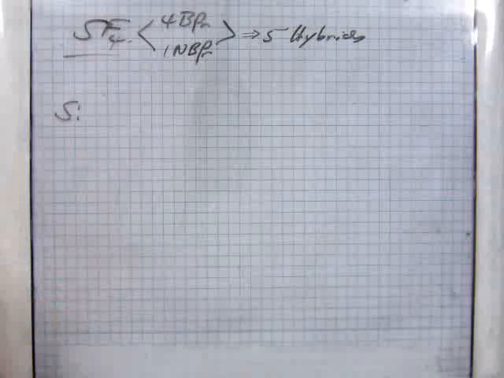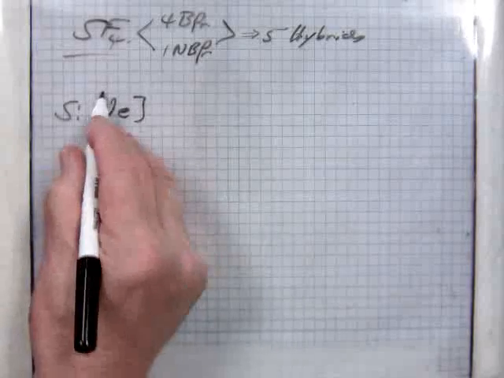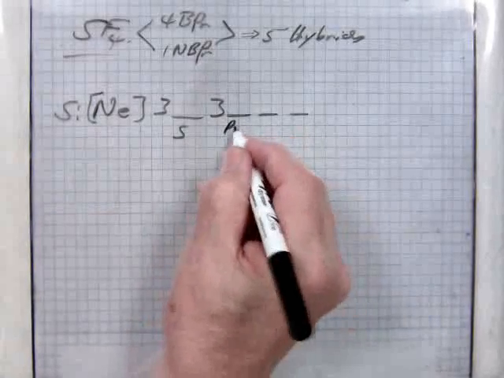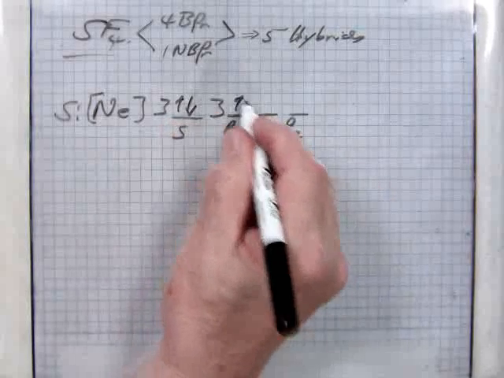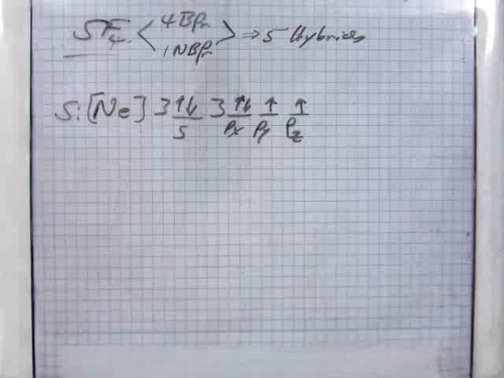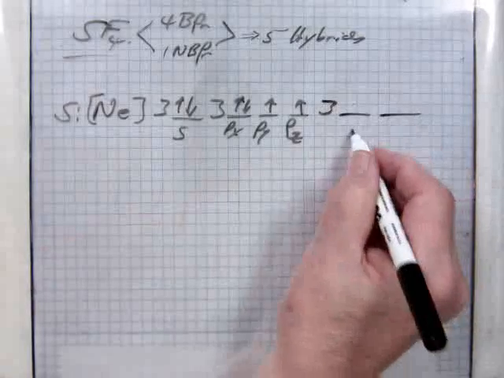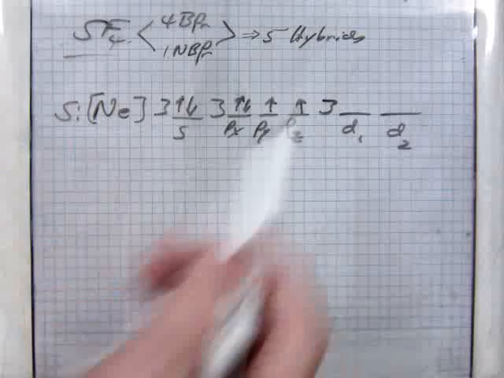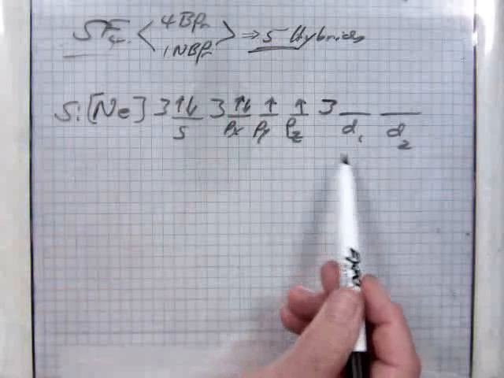which is in the third row, and that would be a neon core, and it has this as an atomic configuration in the valence structure. But remember, the d orbitals are out here, but they're empty. And so if I need 5 hybrids, I'll have to include that d orbital in my blender.